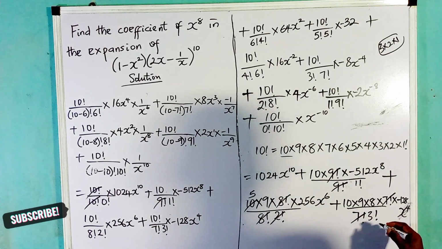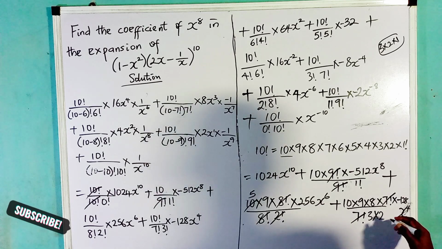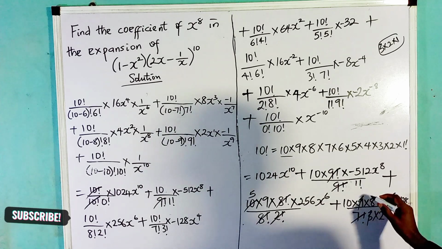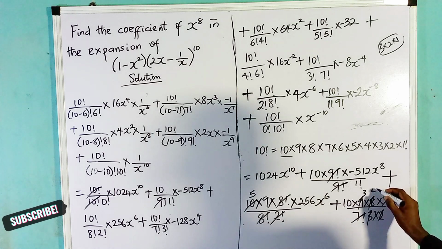Okay, so when we cancel out, 3 factorial is 3 times 2. 3 will cancel out 9, and then we are left with 3. 2 will cancel out 8, and we are left with 4.